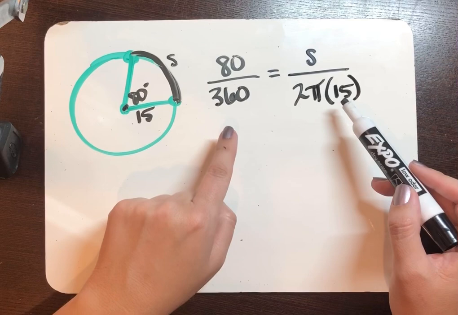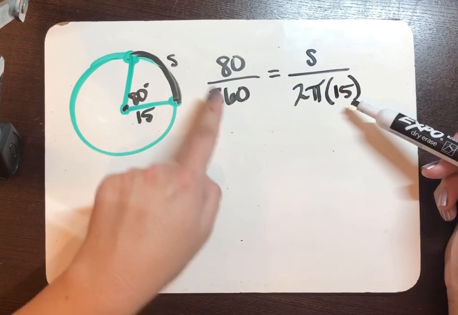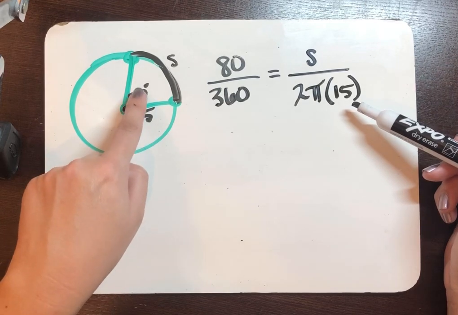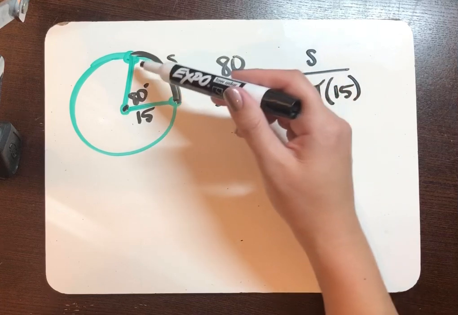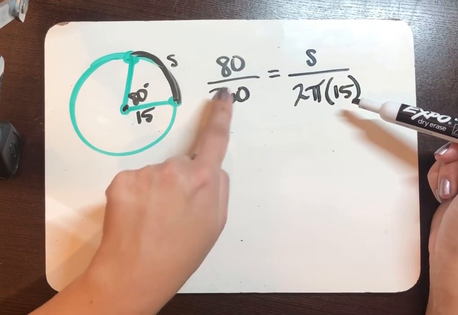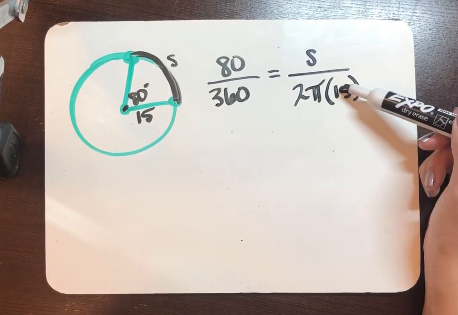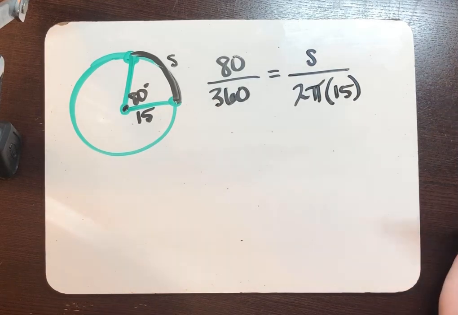Again, two ratios that are equal. Both ratios are part over whole. In this case, the part is that central angle measure. In this case, on the right side of my equation, the part is the arc length. And then the whole, the denominator, is 360 degrees, or the circumference, the length all the way around the circle.